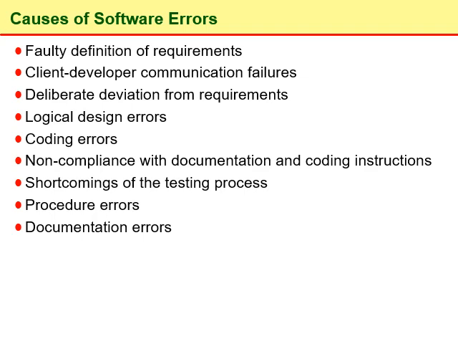Then the second cause of software errors is client-developer communication failures. Misunderstandings resulting from ineffective client-developer communication are additional causes for the errors that prevail in the early stages of the development process.